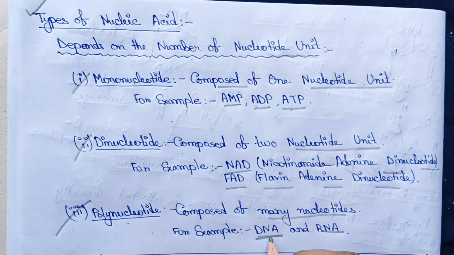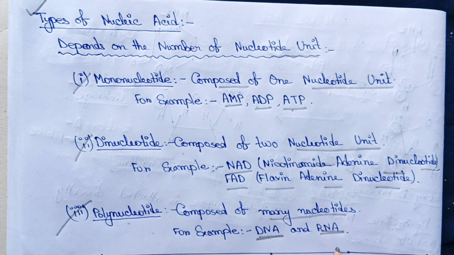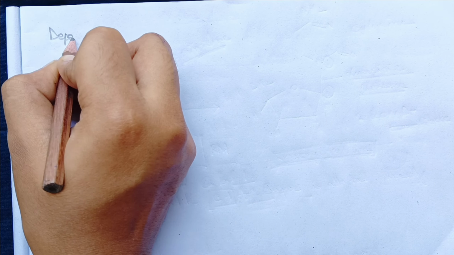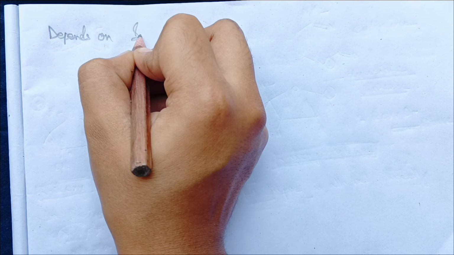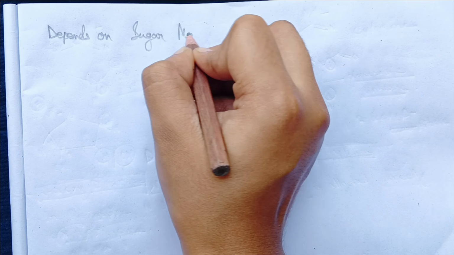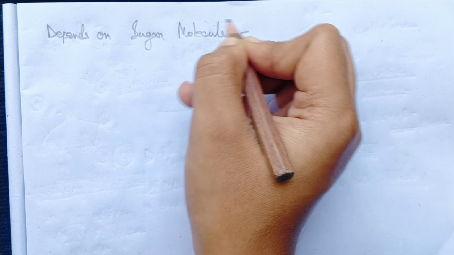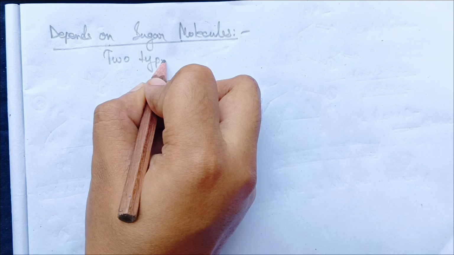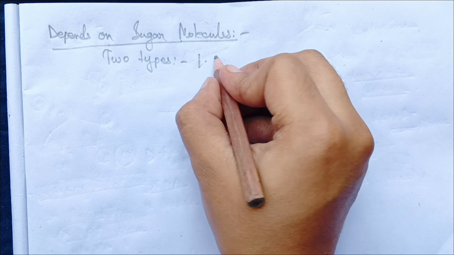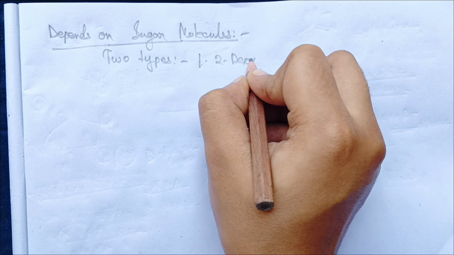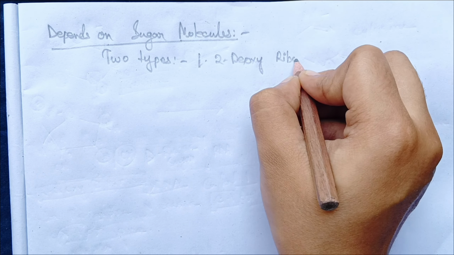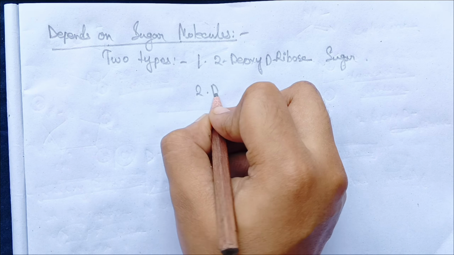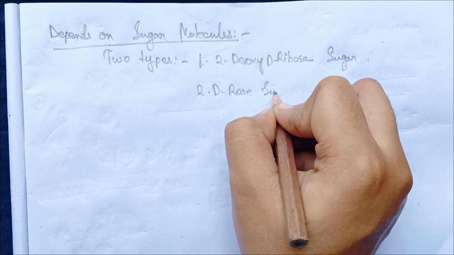DNA is deoxyribonucleic acid, and RNA is ribonucleic acid. It can also be divided depending on the sugar molecules. Depending on the sugar molecules, it can be divided into two types: 2-deoxy-D-ribose sugar and D-ribose sugar.